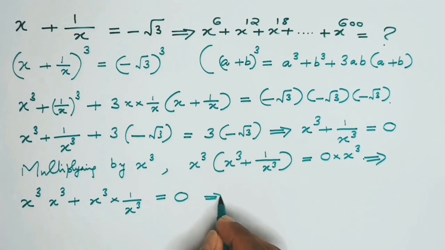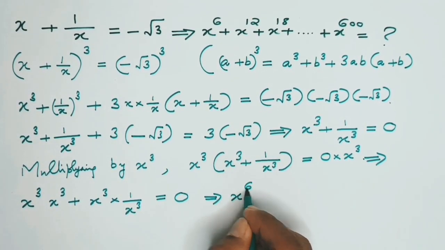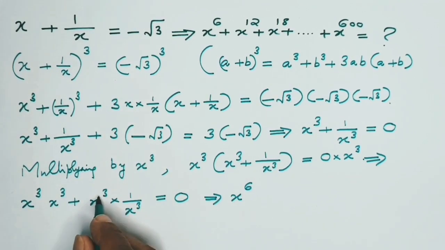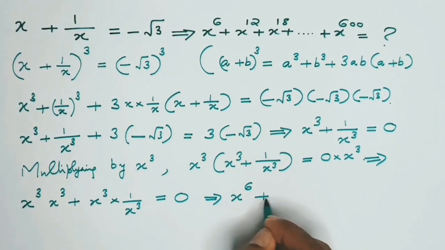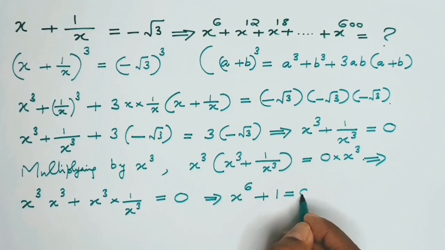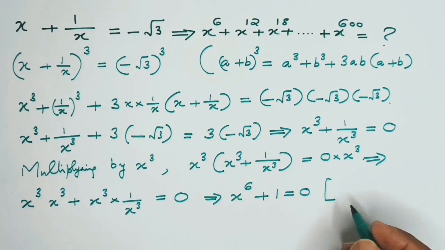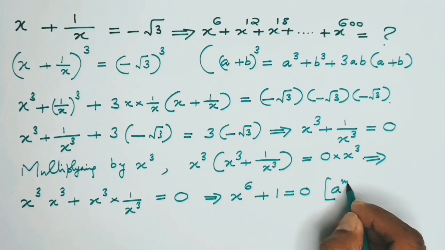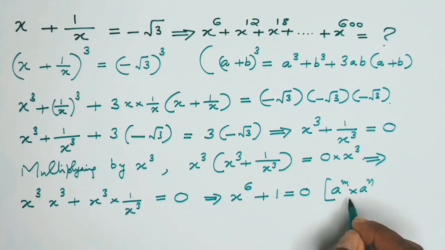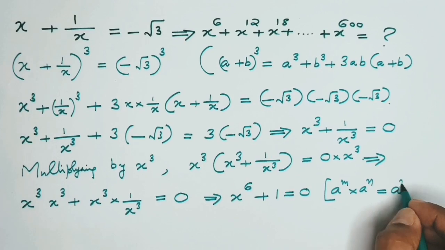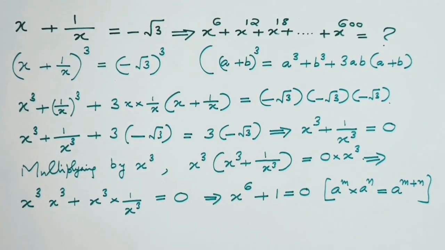This implies x cubed multiplied by x cubed is x to the power of 6. This x cubed and this x cubed, they will cancel out and you get 1 equals 0. See, there is a law of index I used here. a to the power m multiplied by a to the power n equals a to the power of m plus n.